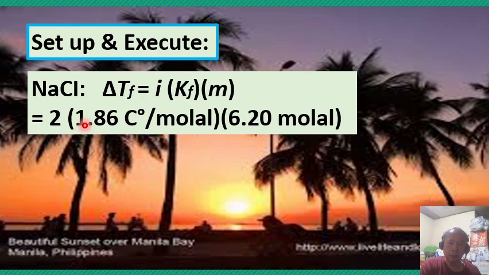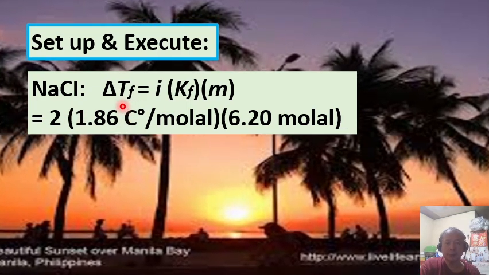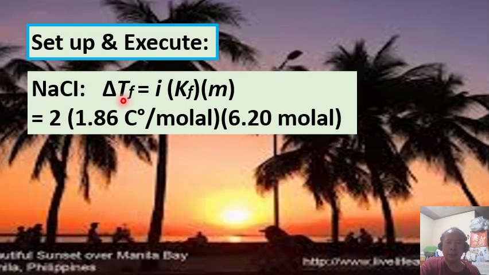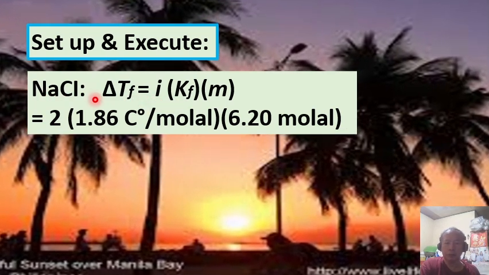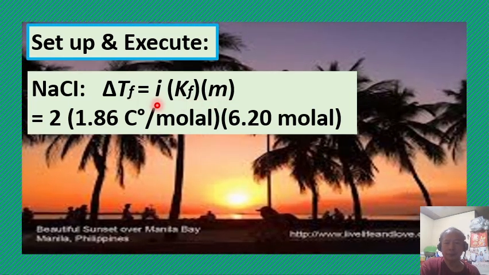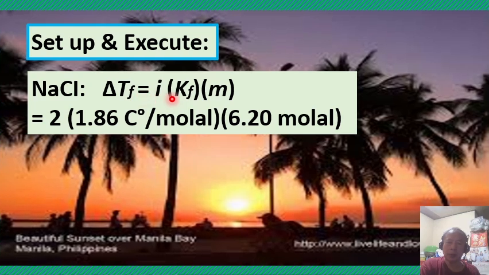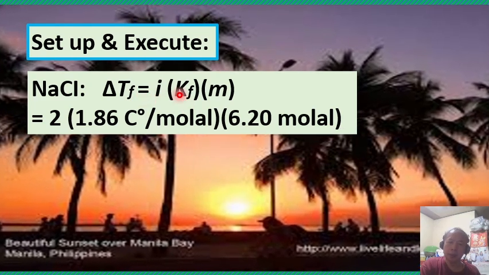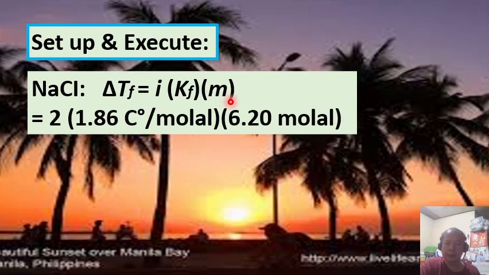Finally, we can now determine the delta capital T sub F of the sodium chloride solution using this same formula, right? Delta T sub F equals the product of i and capital K sub F, and the molality is small letter m.